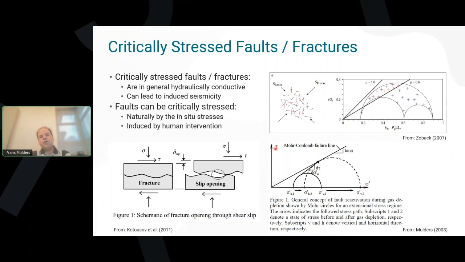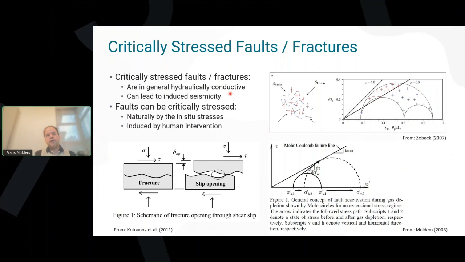Now comes a thing where we go to the reactivation of faults. So in the subsurface, you can have critically stressed faults or fractures, and according to the hypothesis by Professor Mark Zoback in his book Reservoir Geomechanics, critically stressed faults or fractures are in general hydraulically conductive. That means they can pass fluids, they're permeable, they can leak basically.